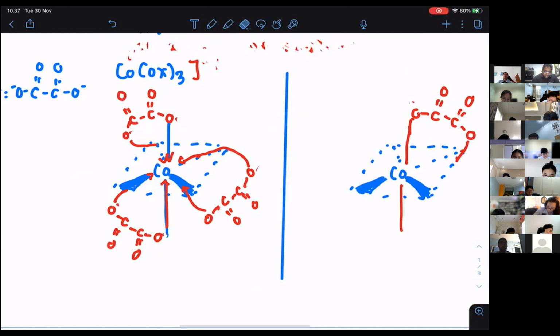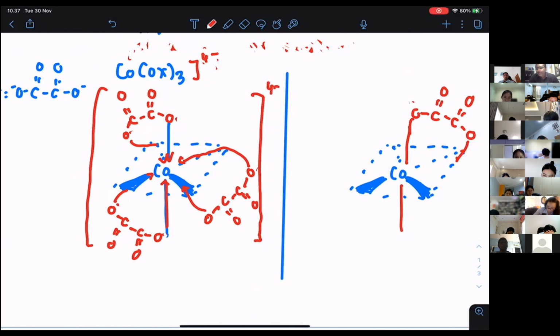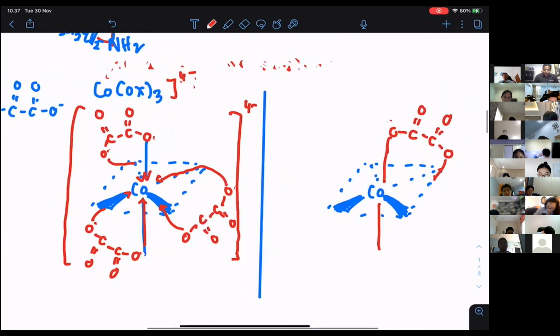If it is 4 minus, make sure you put a bracket. Don't forget to put 4 minus. You must put it. Now a bit messy, I'll just clean up.